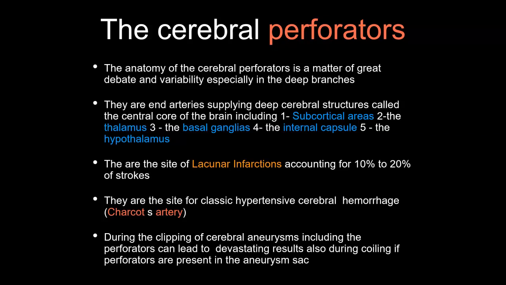We can get hemiplegia, we can get death if an important perforator is occluded, we can get hypothalamic syndrome, and we can get thalamic syndrome if the perforators are occluded.